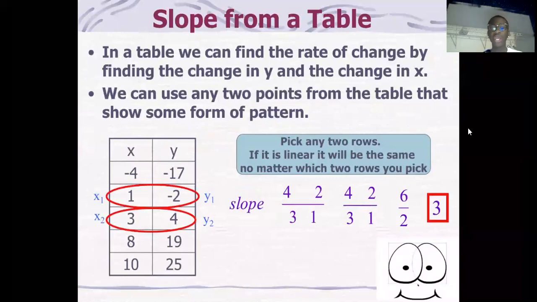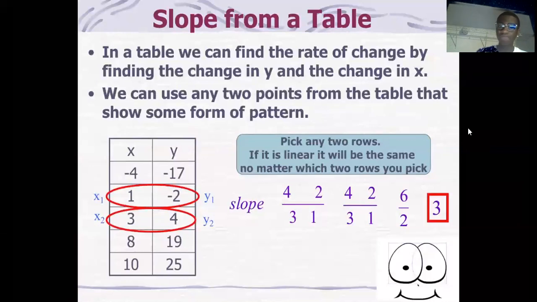Slope from a table. In a table, we can find the rate of change by finding the change in y and the change in x. We can use any 2 points from the table that show some form of pattern. Pick any 2 rows. If it is linear, it will be the same no matter which 2 rows you pick. If we pick 1 and -2, 3 and 4, it's y2 minus y1 over x2 minus x1.